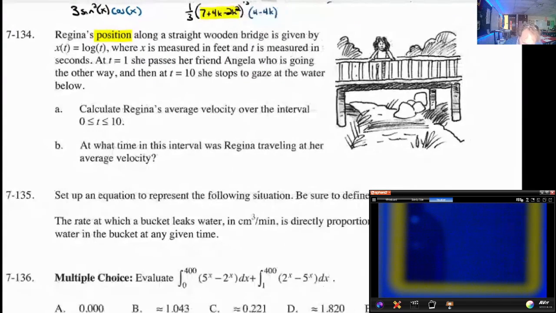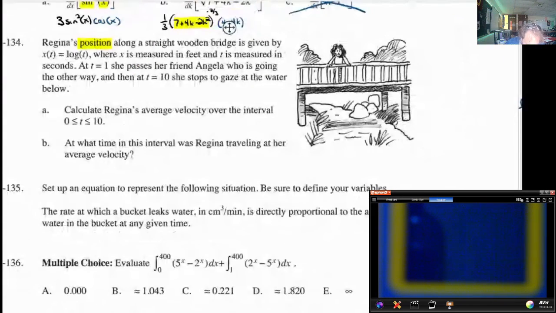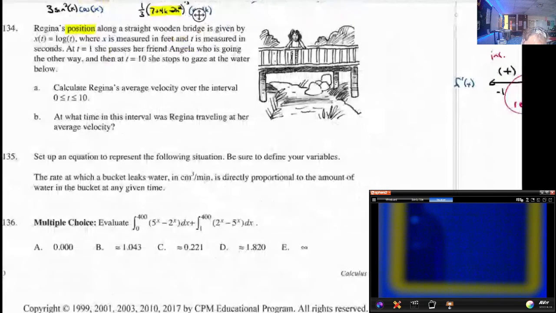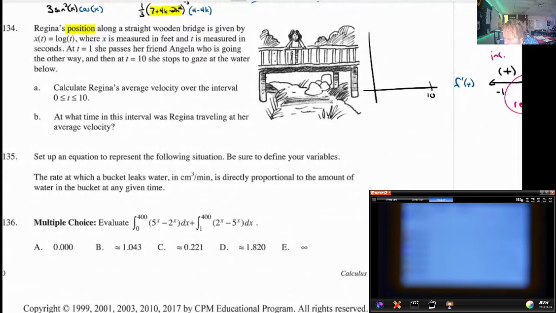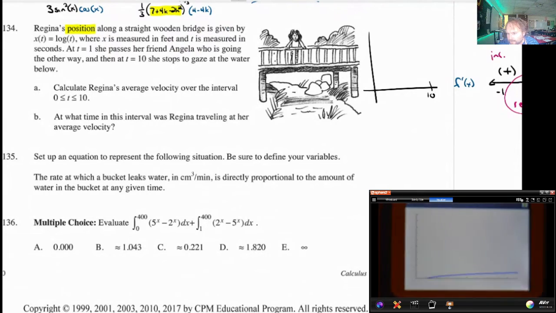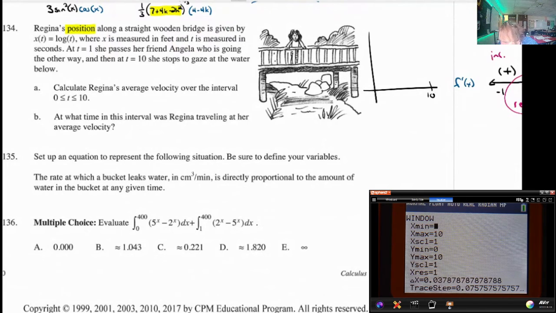Let's think about this on a graph, which might be a good way to think about it. Let me have some room here. Here's 10, and then we'll have 0. If I go on my calculator really quick and graph log of x on the window from 0 to 10, it looks kind of like that. I'm even going to change the scale, because y never gets to be more than, I think, 1.